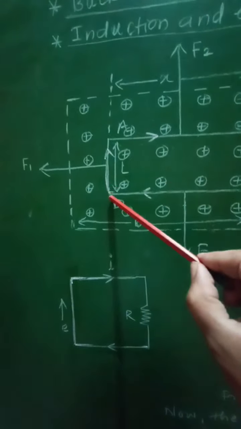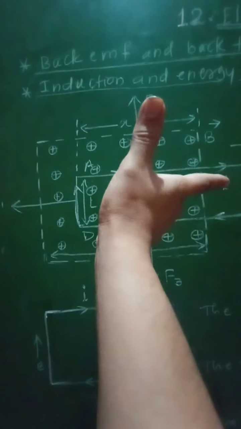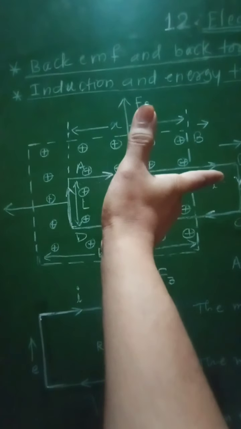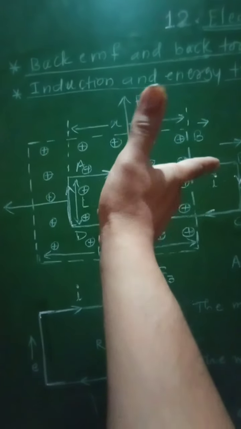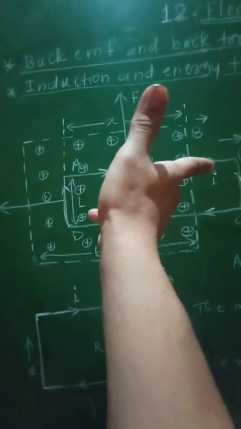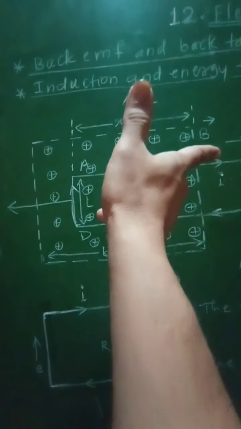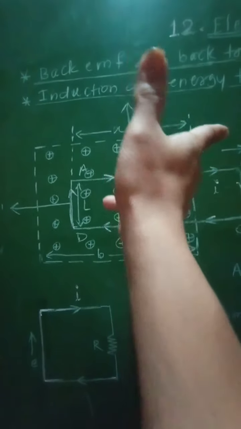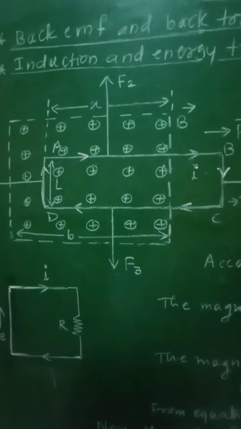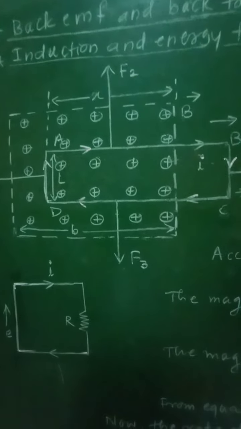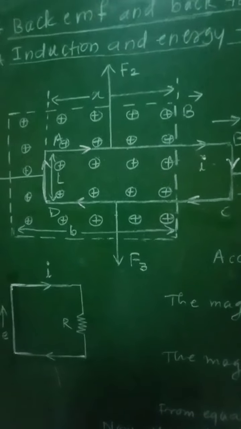So if you consider this segment AB of this rectangular loop, then the forefinger will indicate direction of current, the middle finger will indicate direction of magnetic field, and the thumb will indicate the direction of force. That is, on that side AB, the force F2 will be directed in the upward direction.